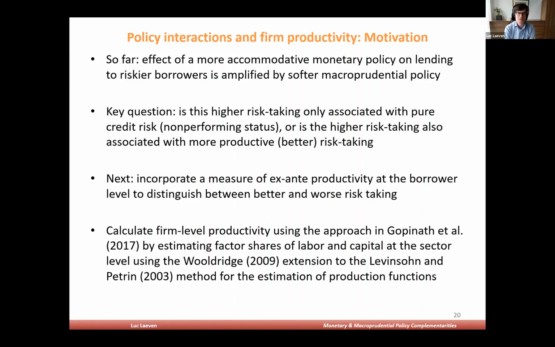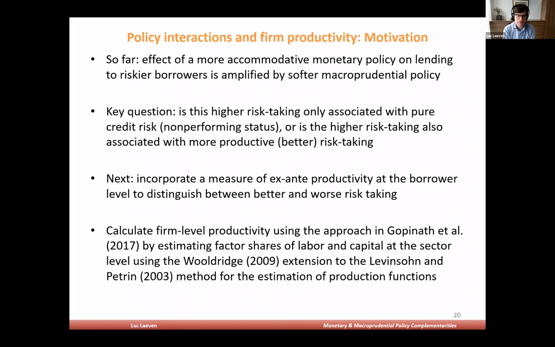In particular, we asked whether higher risk-taking is only associated with pure credit risk behavior, so lending to non-performing borrowers, or whether it is also going to more productive firms, better risk-taking. And we can do that because we have a lot of information on the firms. We can actually measure the productivity of each firm.